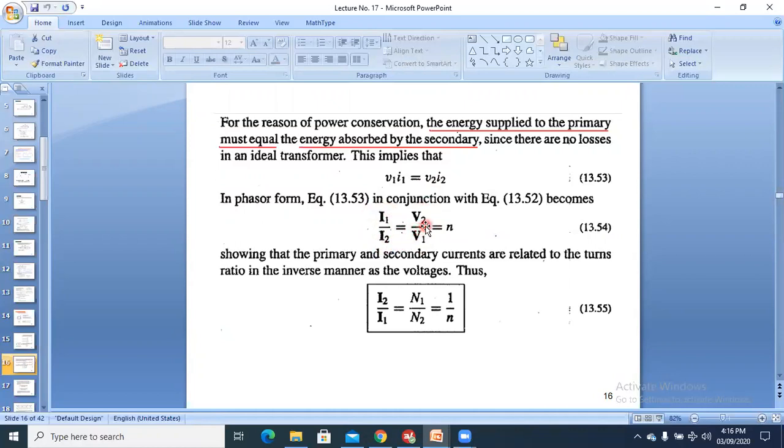If the voltage at the secondary side is higher, the current at the secondary side is low.